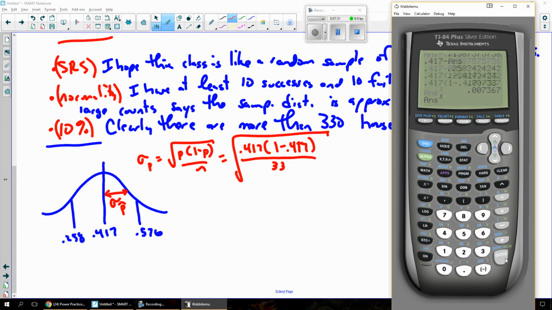And I like to take that value, that 0.085, and store it in my calculator. So that distance is 0.0858.